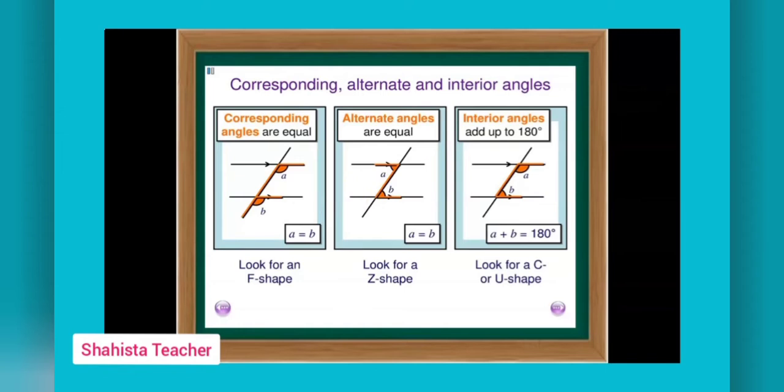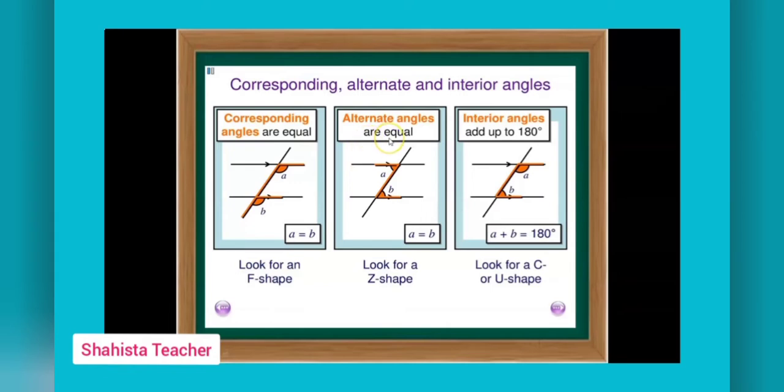If the arms on the transversal of a pair are in the same direction, and the other arms are on the same side, then it is called a corresponding angle. Same direction, they both are equal. So here A is equal to B and its shape is F.